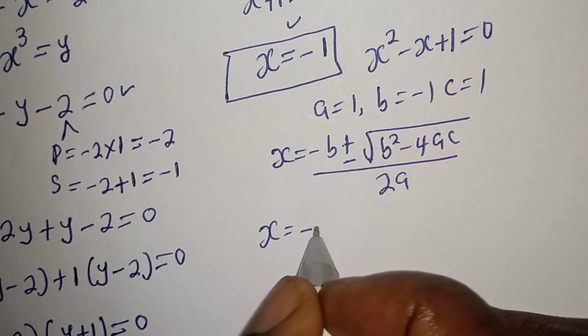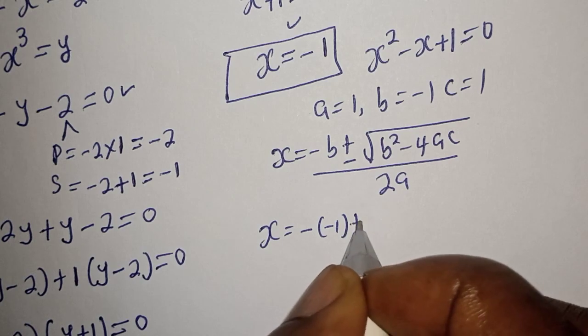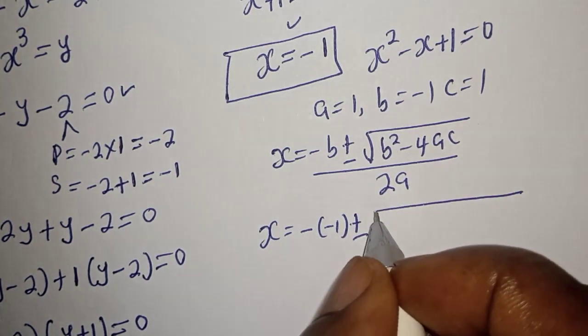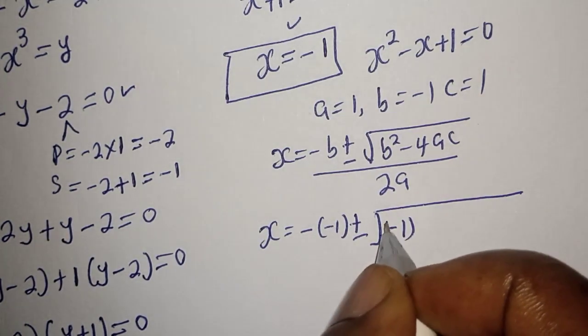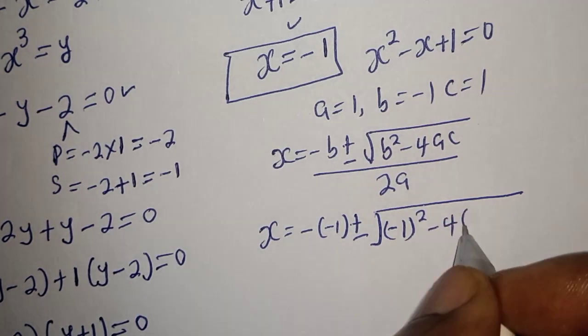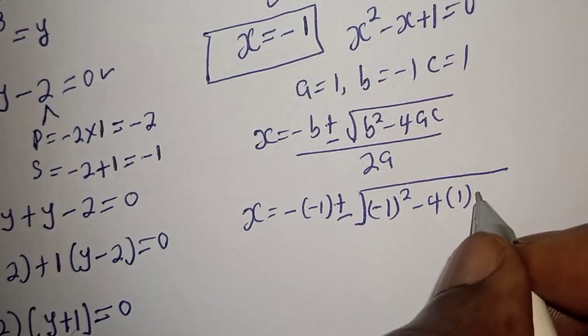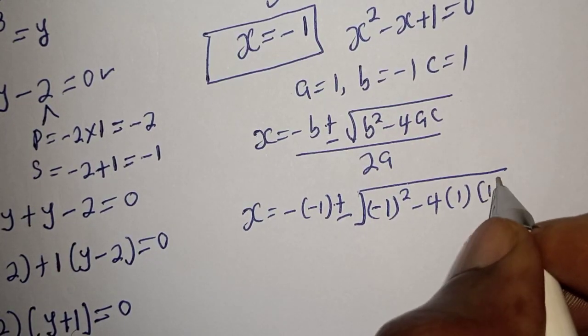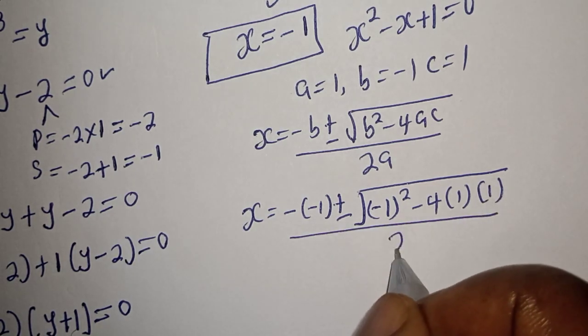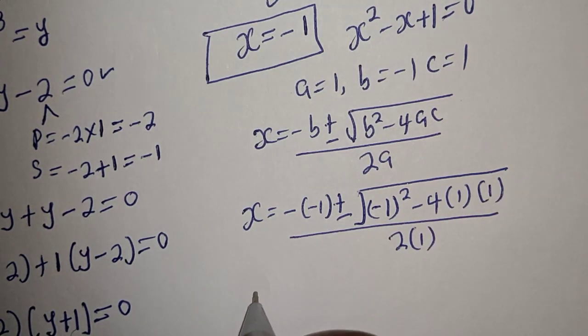S is equal to minus bracket minus 1 plus or minus square root of minus 1 squared minus 4 multiplied by 1 over 2 multiplied by 1.